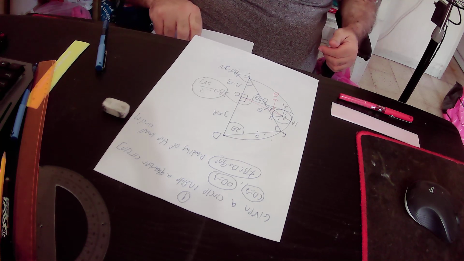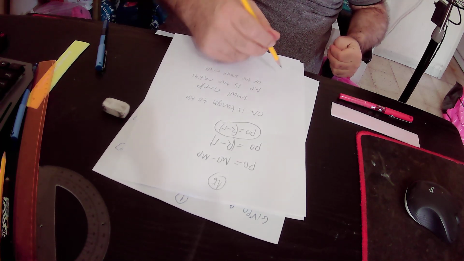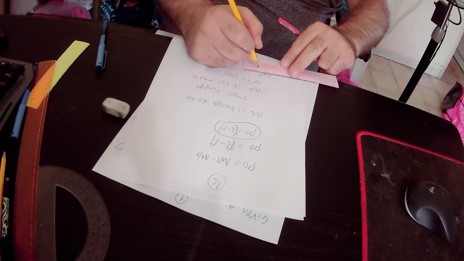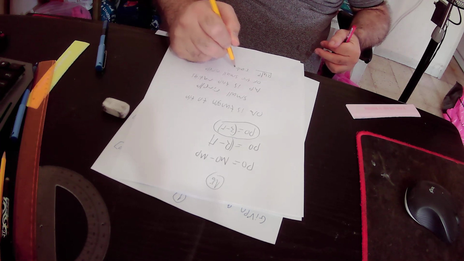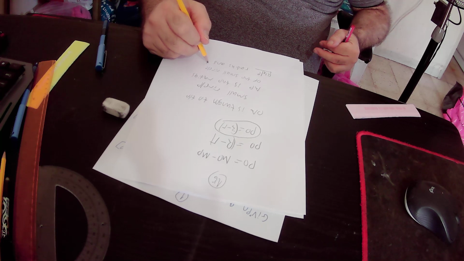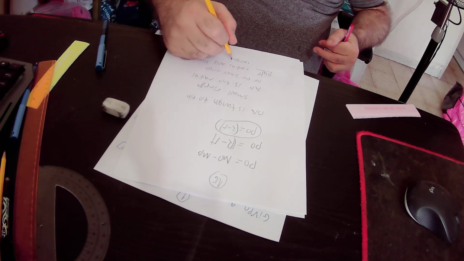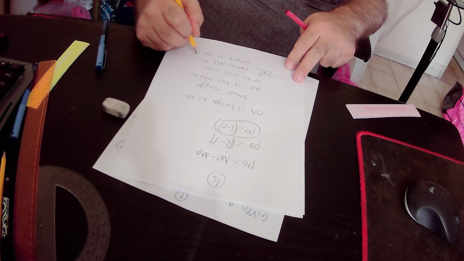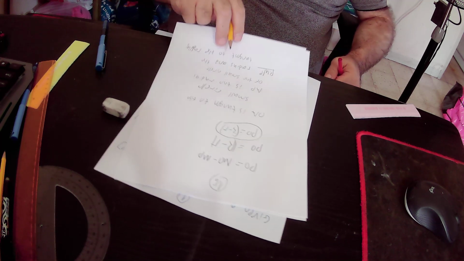And we have a rule that states that the radius and the tangent to the radius are perpendicular to each other.